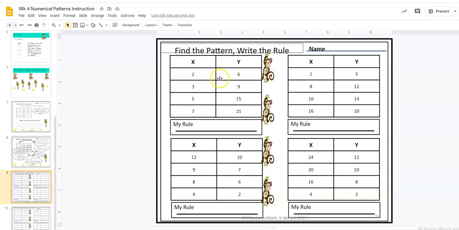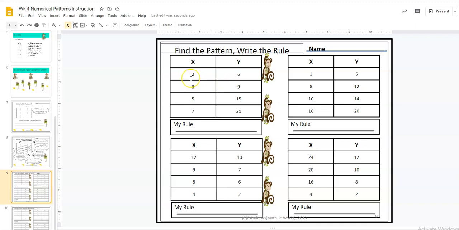I know that the difference between 6 and 2 is 4. So I might say, I know 2 plus 4 equals 6. Let me try that in the next set of terms. 3 plus 4 does not equal 9. So that is not true. So I know the rule is not add 4.